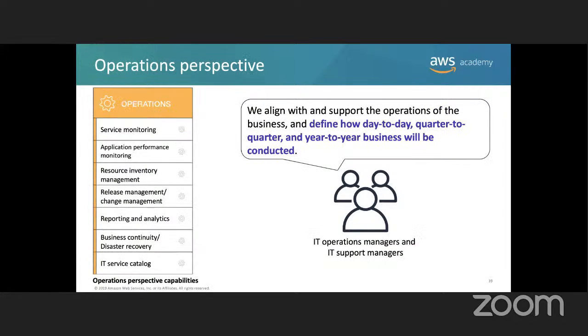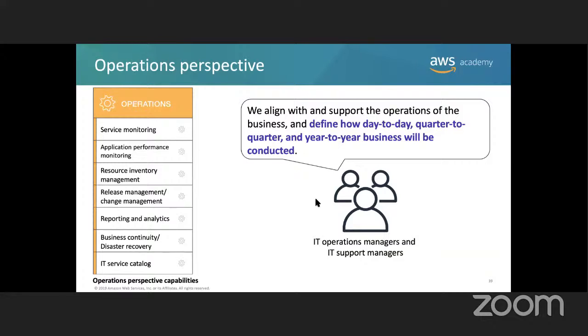The operations perspective is the one that ensures there's monitoring of services, application performance monitoring, resource inventory management, release management, change management, support and analytics, business continuity, disaster recovery, IT service catalog.